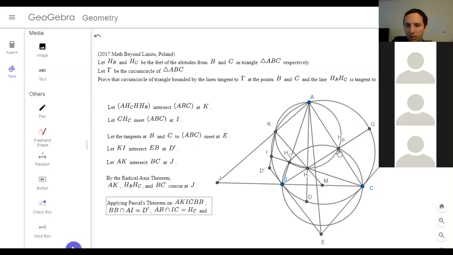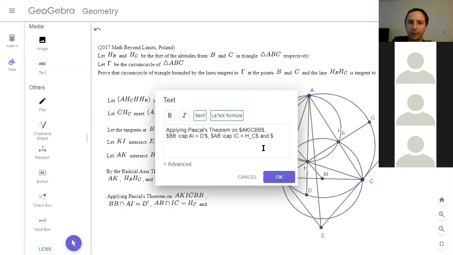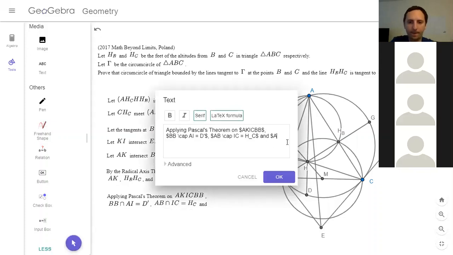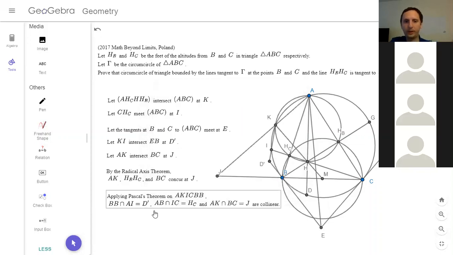The other point is J. Oh, it's J, I'm sorry, I was saying HB. We'll get there, but for now AK and BC equals J. So D prime, HC, and J are collinear.